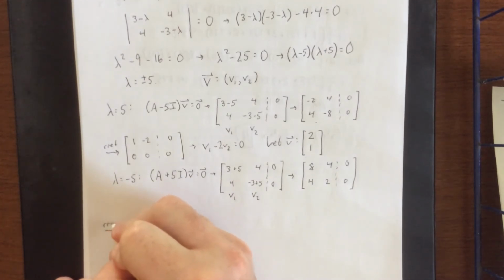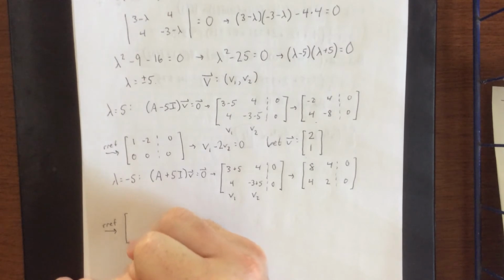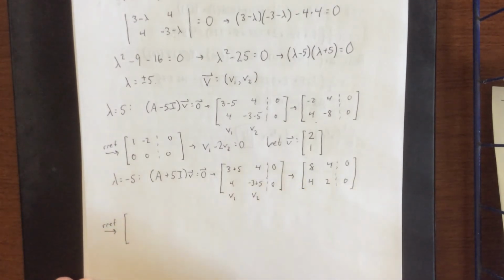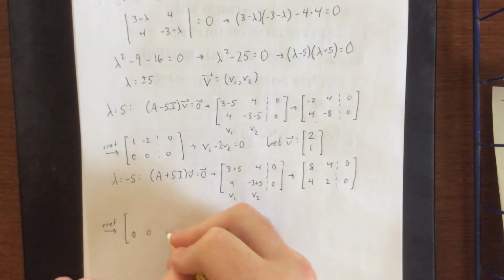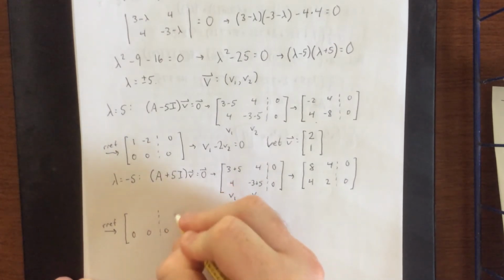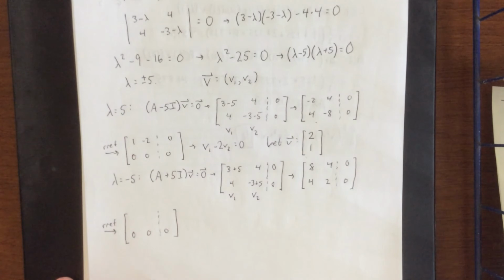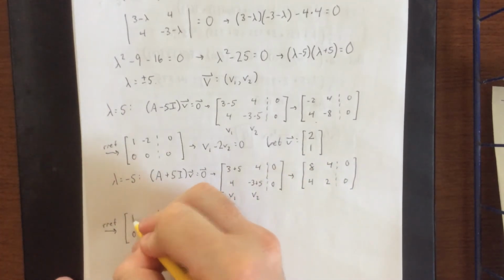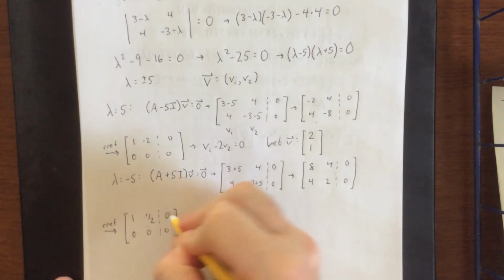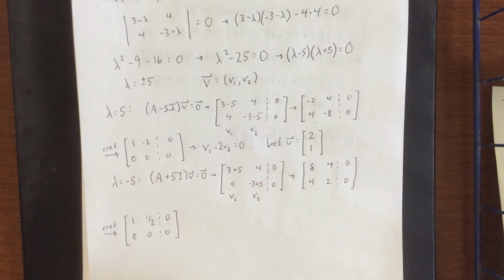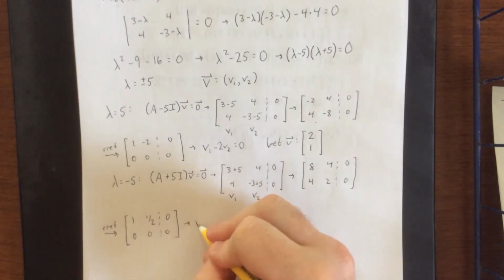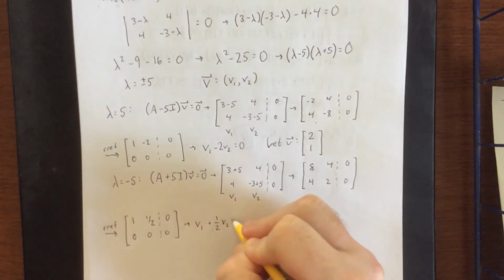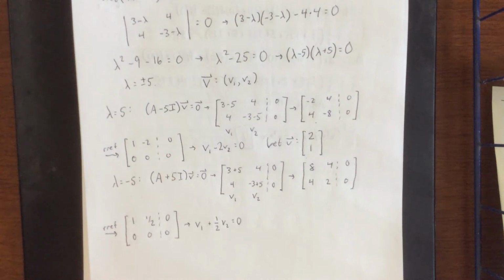Once again, though, I'm going to shortcut this to say we'll take this to reduced row echelon form. Negative 1/2 of the first row added to the second row will wind up giving us a row of zeros, which is to be expected in the eigenvector eigenvalue problem. Then I can take my first row and divide by 8 to wind up with the leading 1 that we desire. Interpreting this first row lets me know that V1 plus half of V2 is equal to 0.